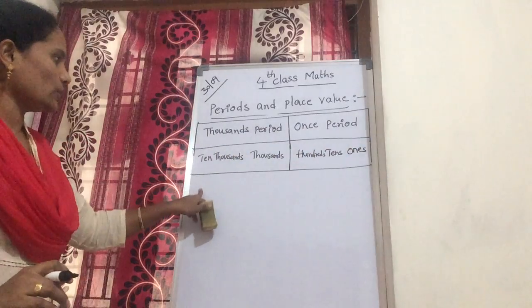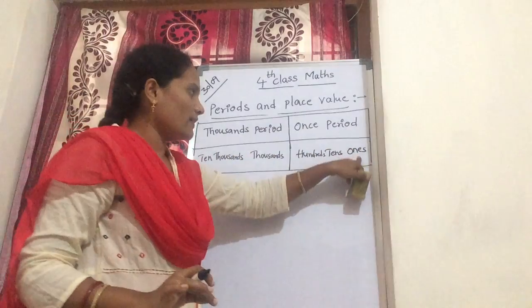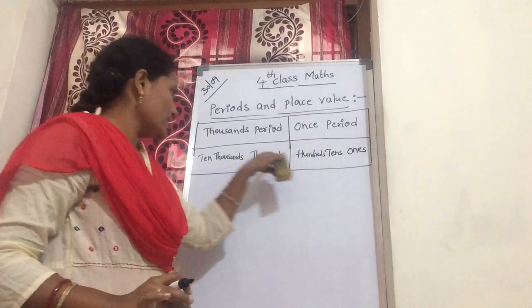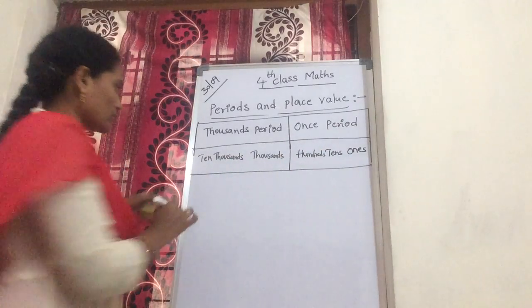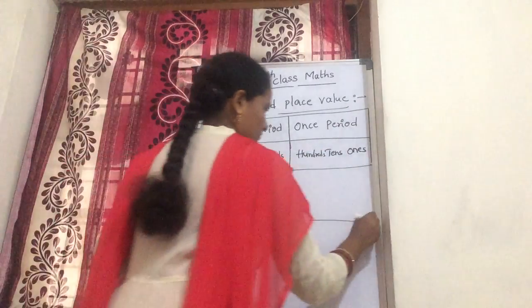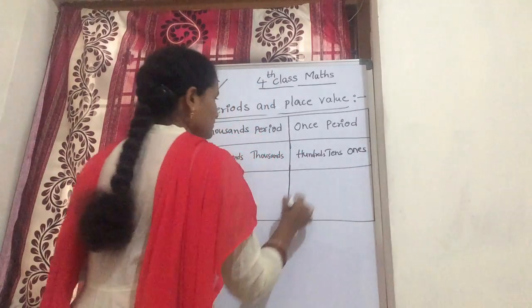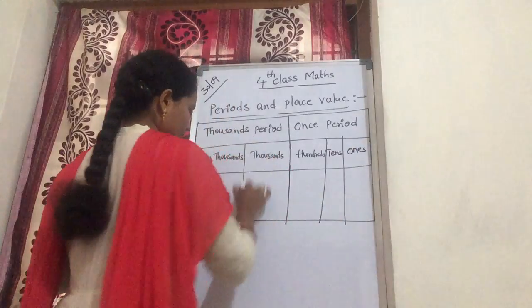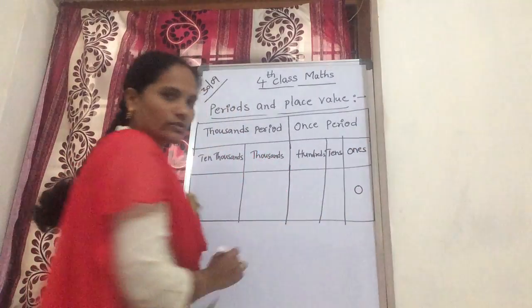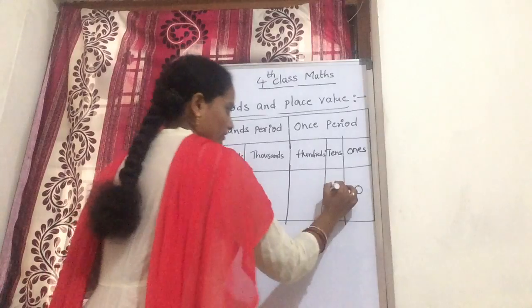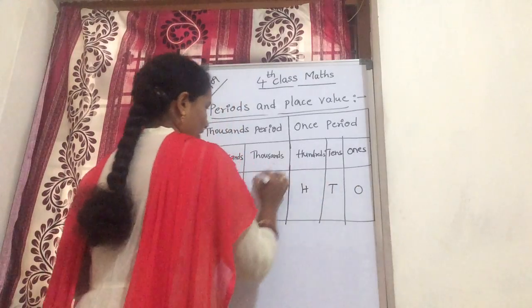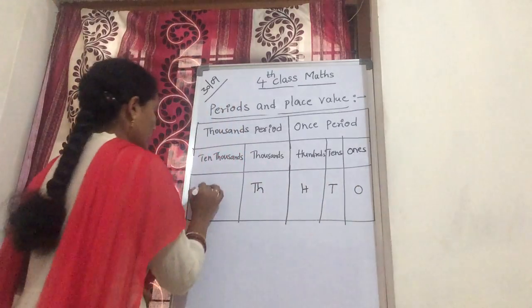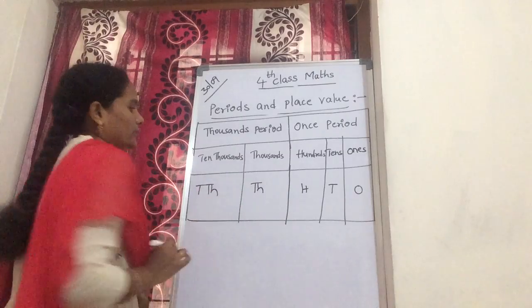What are our place values in a 5-digit number? Ones, tens, hundreds, thousands and 10,000s. Ones you should write O, tens T, hundreds H, thousands TH and 10,000 like this, TTH.